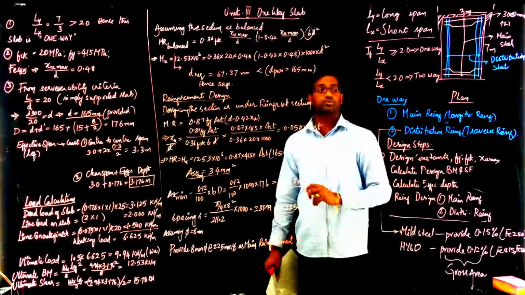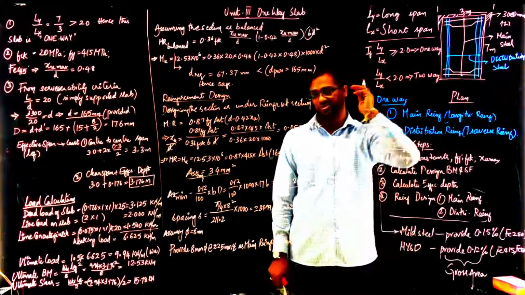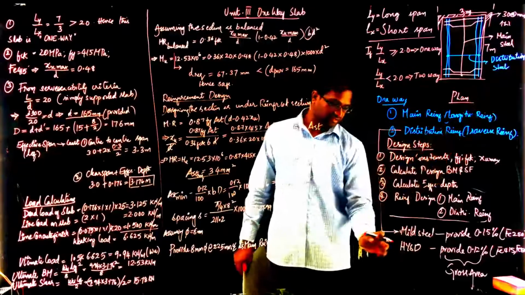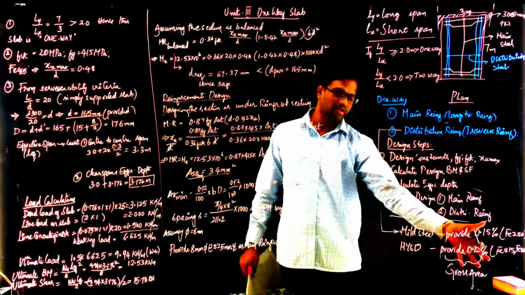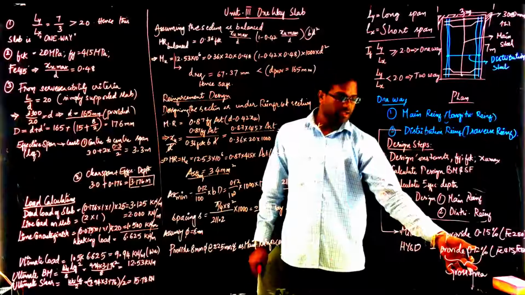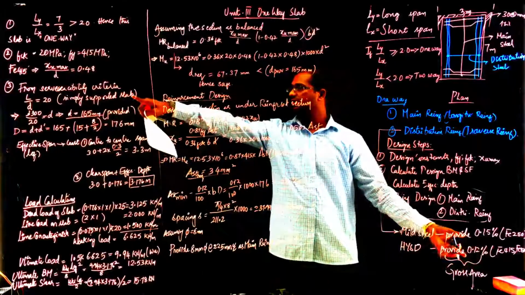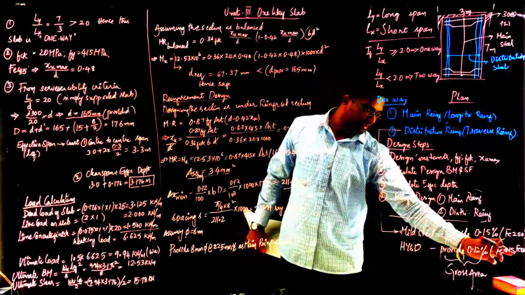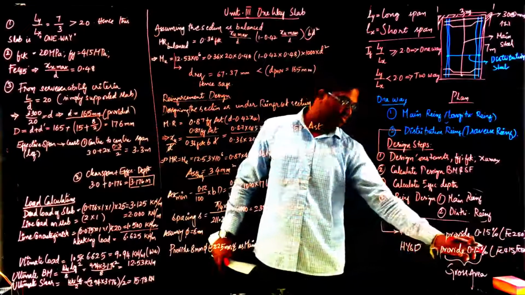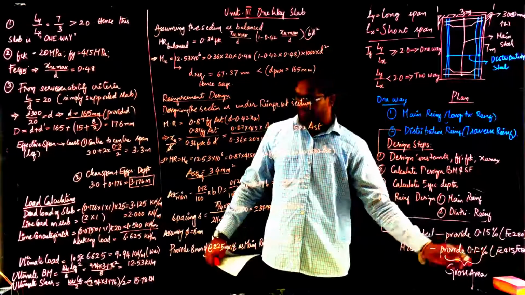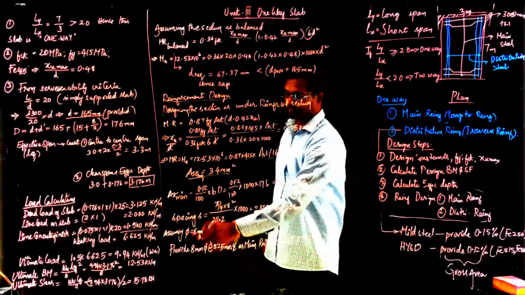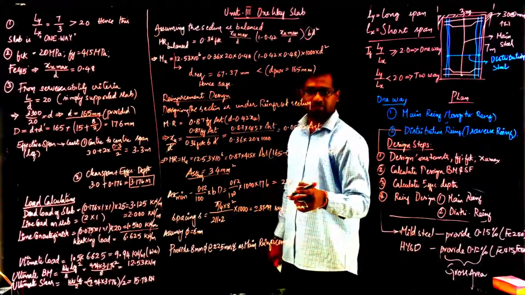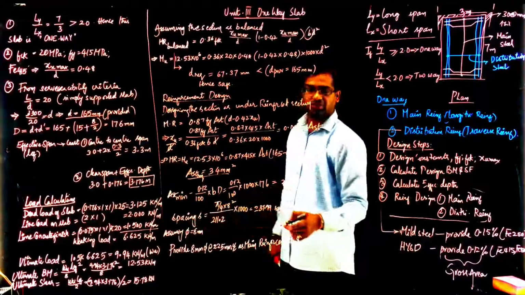Now you are also supposed to calculate the distribution steel. As I said, you take this much percentage. For the given grade of steel, Fe415, distribution steel is also 0.12%. So we repeat the same step. The distribution steel area is also 211.2, and the spacing will also be the same.